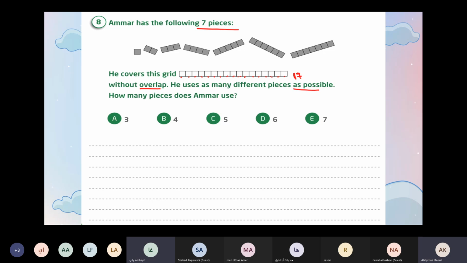What are you thinking here? I think that I'm going to take from the right side the first one, and the third one. This is the right pieces. And which other piece?